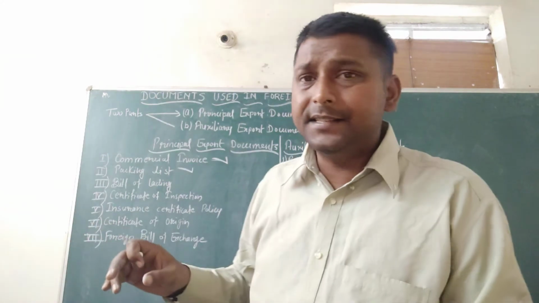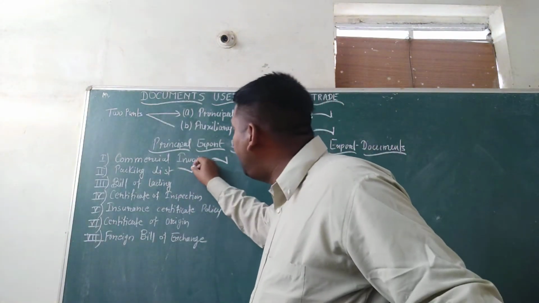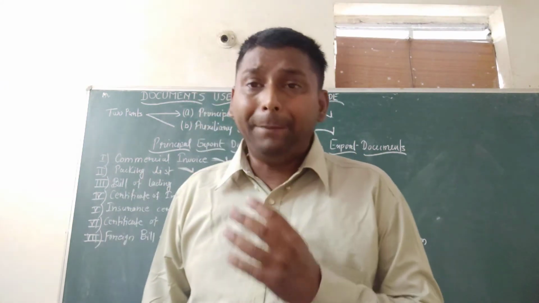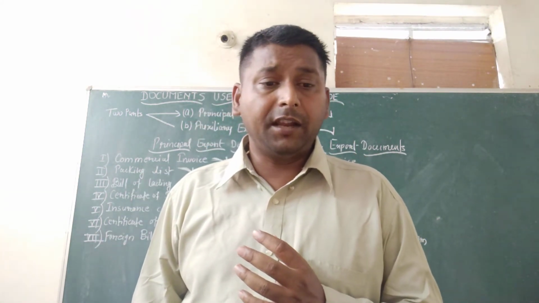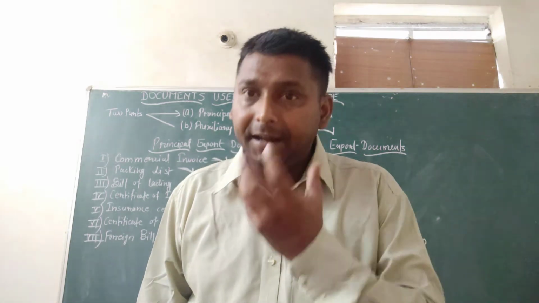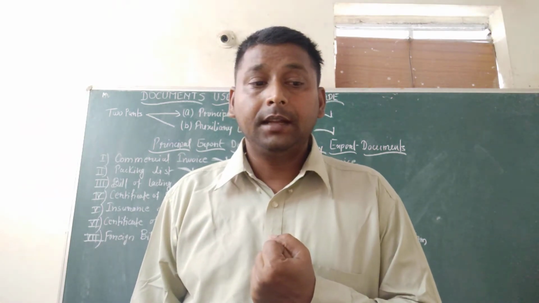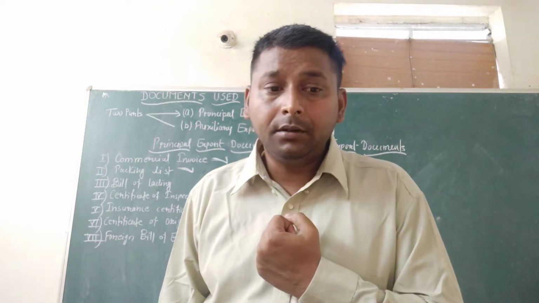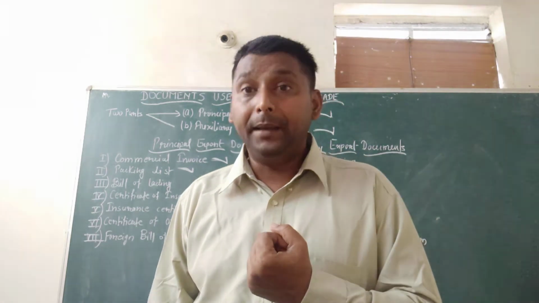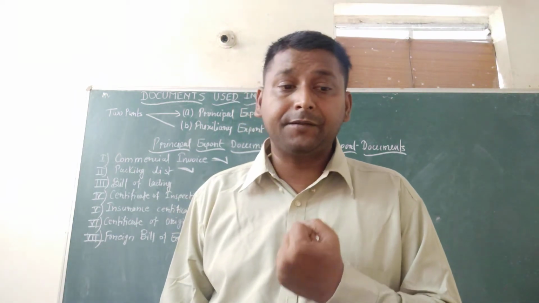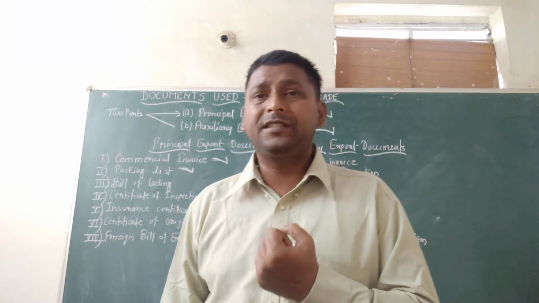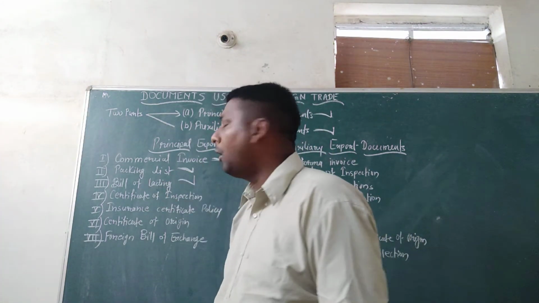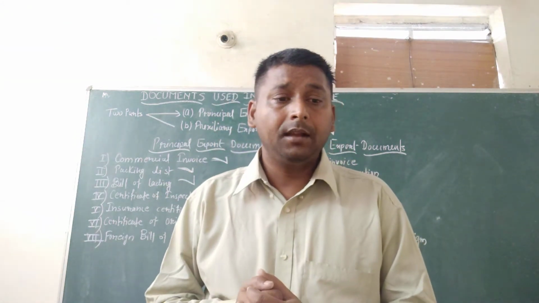Second point is packing list. In the packing list, there is information related to date of packing, invoice number, order number, details of shipping, bill of lading number, date of sailing, and details of goods, etc. Then third point is bill of lading.